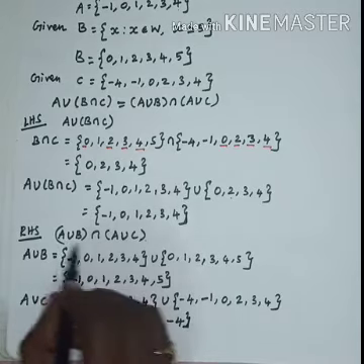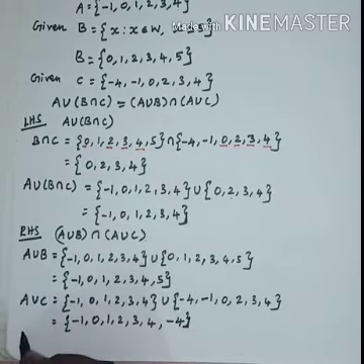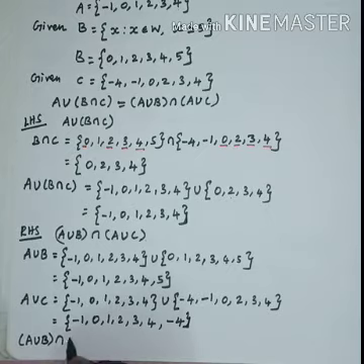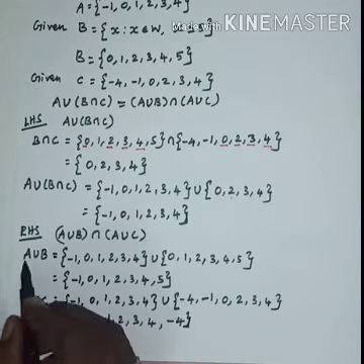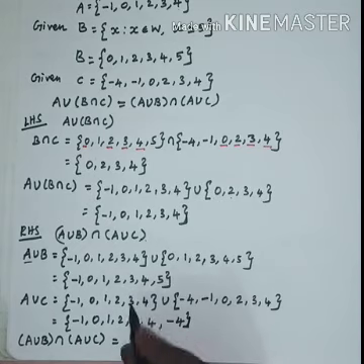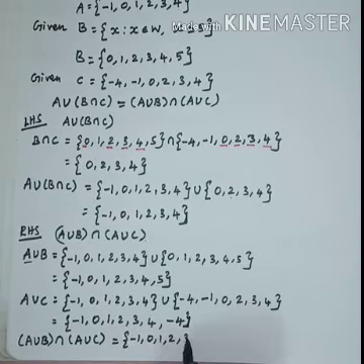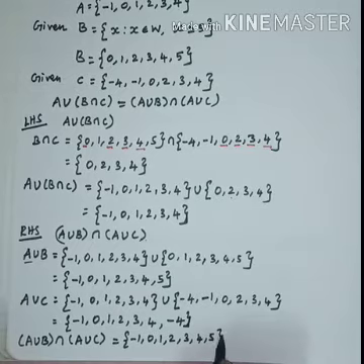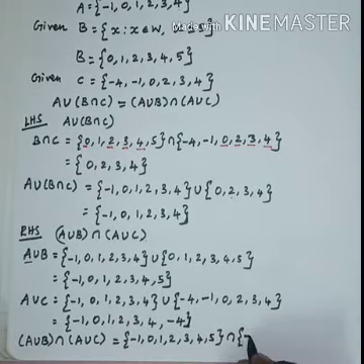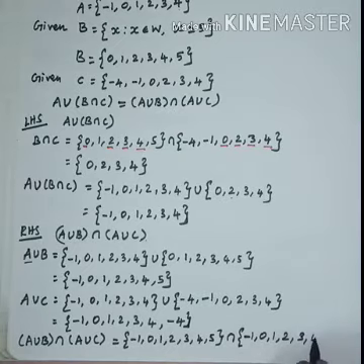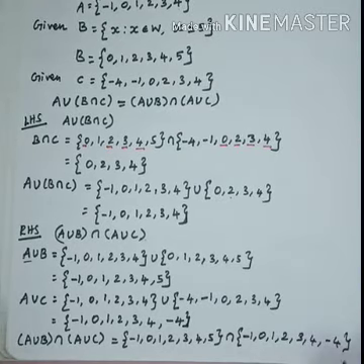Now we have to find the elements of the right hand side fully. So we have A union B intersection A union C in the right hand side. We found the elements of A union B just now. So the elements of A union B are -1, 0, 1, 2, 3, 4, 5, and then put the intersection symbol. The elements of A union C are -1, 0, 1, 2, 3, 4, -4.